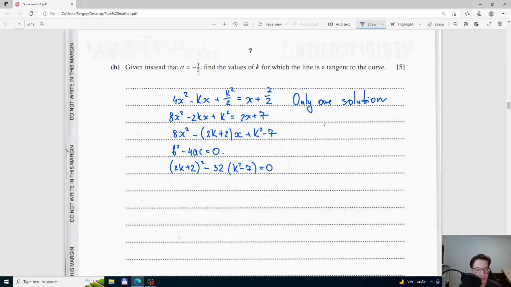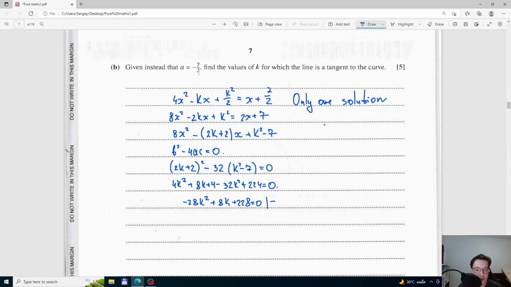Let's expand this bracket: 4k squared plus 8k plus 4 minus 32k squared plus 32 times 7, 224, equals 0. Simplify that and get minus 28k squared plus 8k plus 228 equals 0.